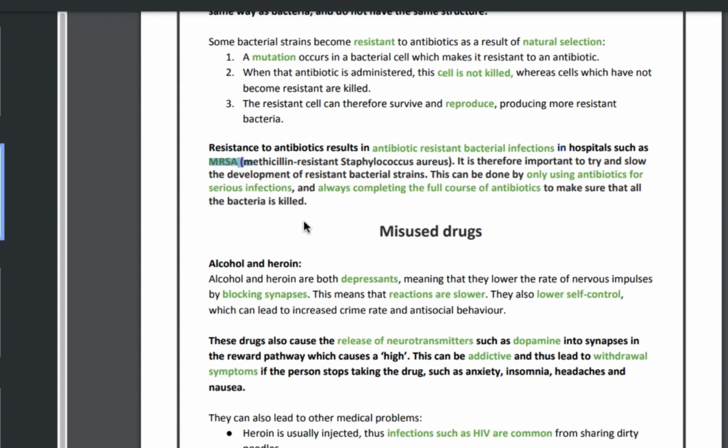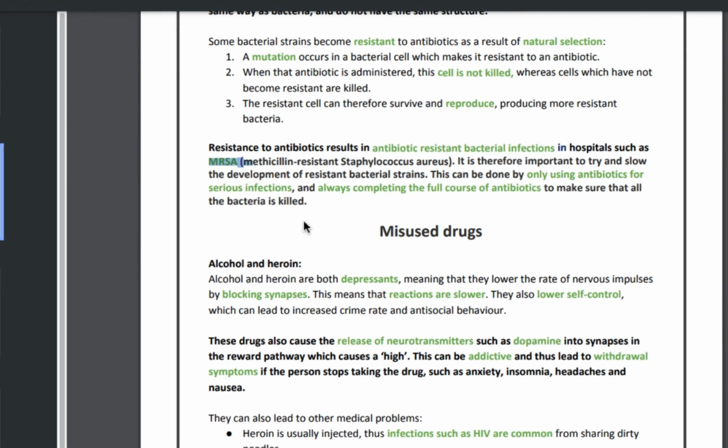So another thing you have to do, apart from not taking antibiotics all the time in order to prevent MRSA, is always completing your full course of antibiotics that have been prescribed to you by doctors. Because they already know the number of bacteria, they've tested you, they know the bacteria population in your system, and they prescribe a specific number of antibiotics that can kill these bacteria.